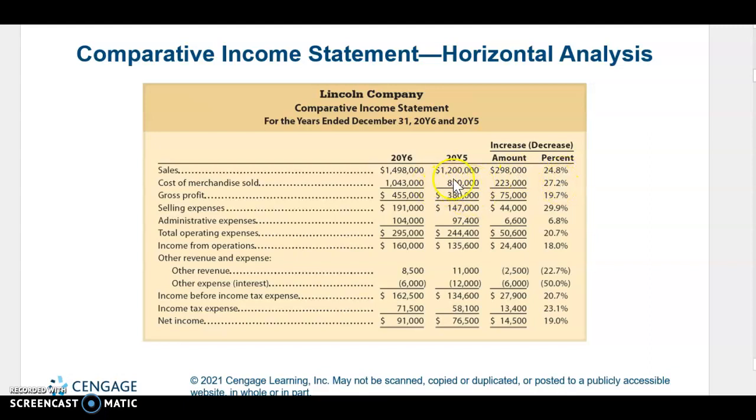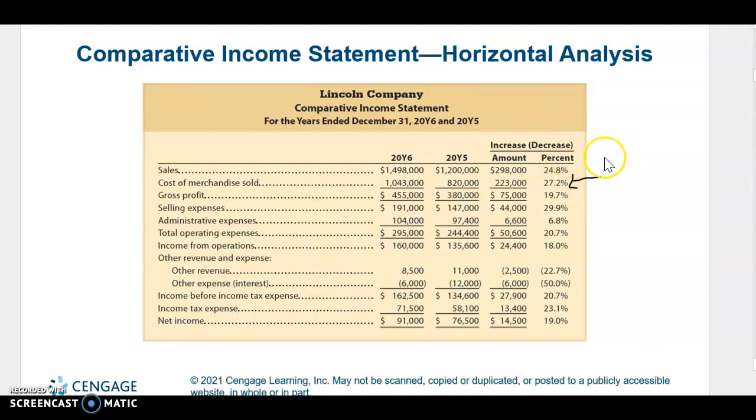Okay, and then if you look at your cost of merchandise sold, this is not a good thing here because it went up by more than sales went up. So that is not a favorable trend, and that is a red flag there.